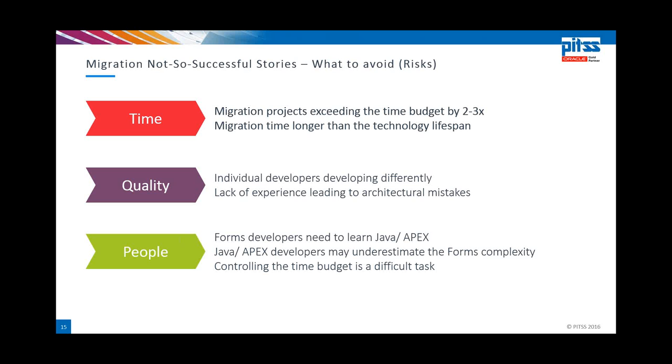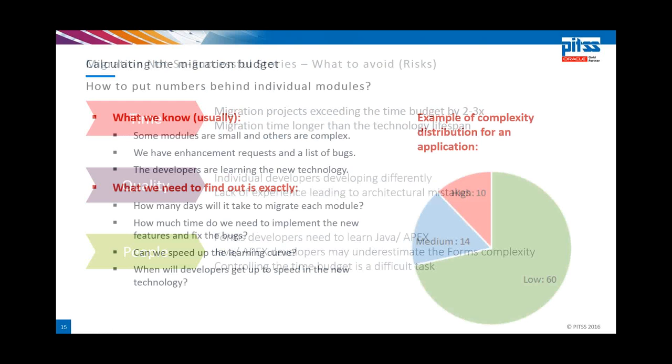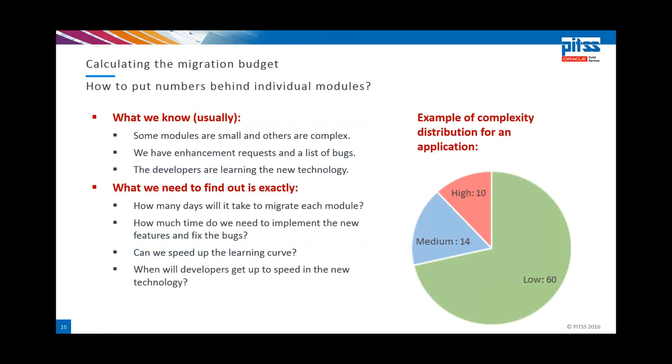The first issue we have in planning is this one, the budget, the estimation. We need to know from the very beginning how much it will take. Months, weeks, years. So the general issue about the budget is that although people know the application, so know that some modules may be more complex than others, it is very difficult to say exactly how long it will take for each module to be migrated, or overall how complex the application is to be migrated.